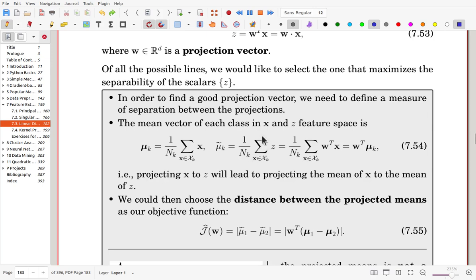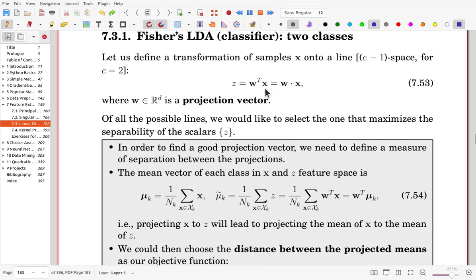But Z is the same as W transpose X, so we write it this way. W is constant, not changing over the summation, so first we take the average over x, and then apply the dot product.